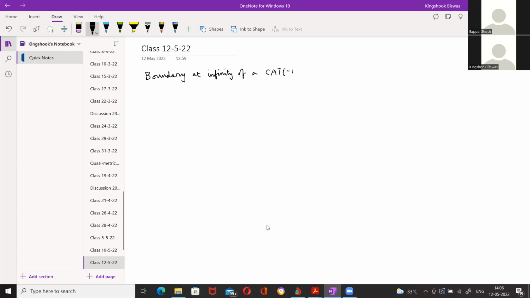First, let's look at a simple example which we all know, which is the n-dimensional hyperbolic space. Let's take the ball model. So H^n is the unit ball in R^n.